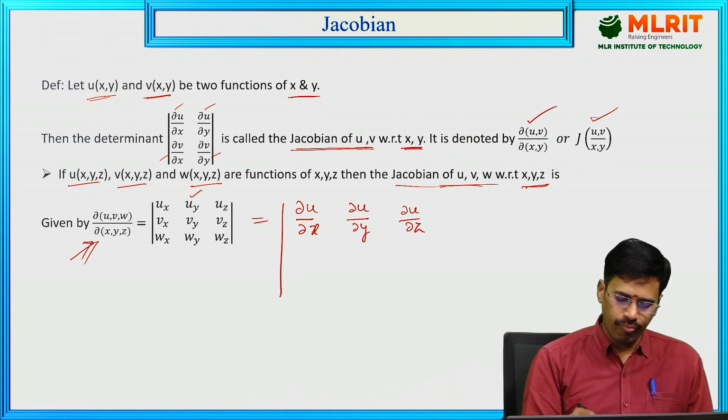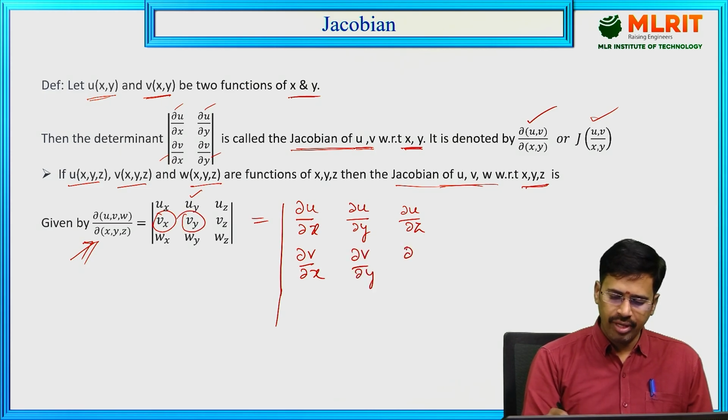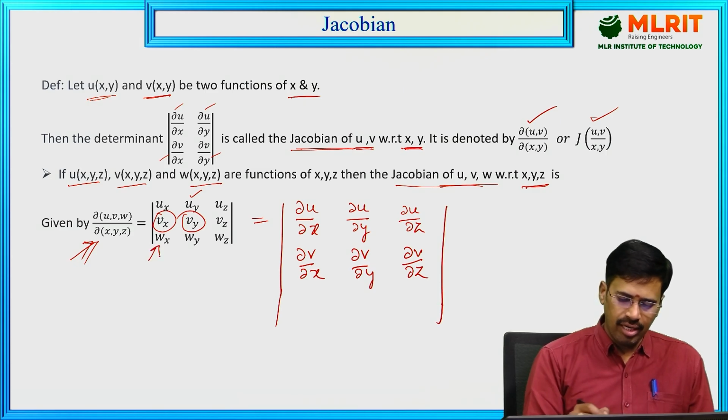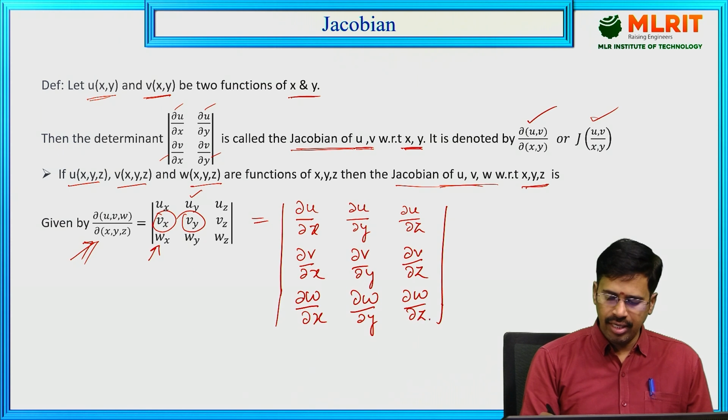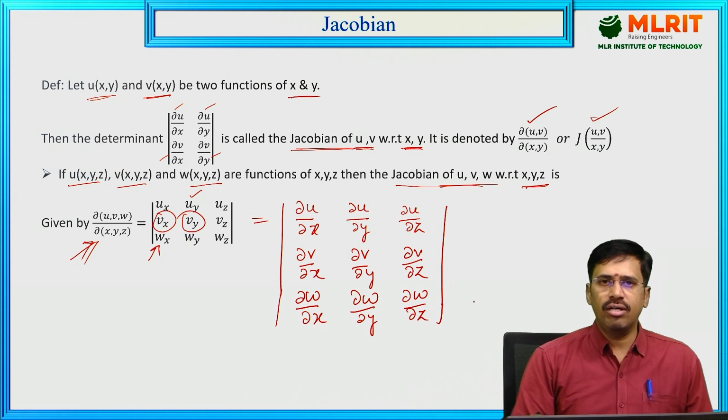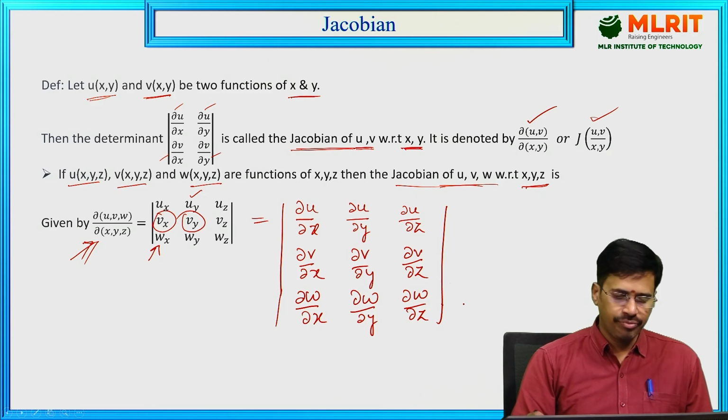Next, the second row is completely with respect to v: vx means dou v by dou x, vy means dou v by dou y, next dou v by dou z. Last, w suffix x means dou w by dou x, dou w by dou y and dou w by dou z. This is how we define the Jacobian of three functions u, v, w.